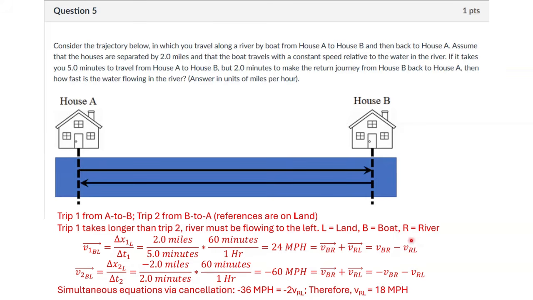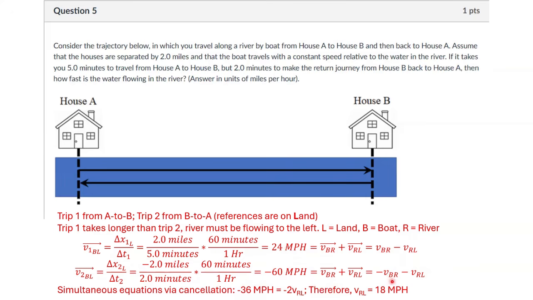And what you see is I have two things that are unknown, but they're the same two unknowns in two equations. And anytime I have that, I can solve for either via some form of simultaneous equations. This one happens to be set up perfectly for equation cancellation. That's where you just take one equation and add it to the other. So 24 plus negative 60 is negative 36 miles per hour.